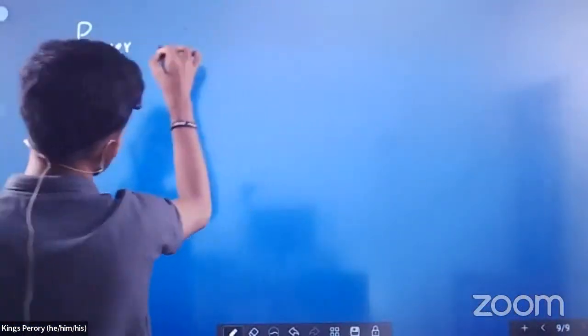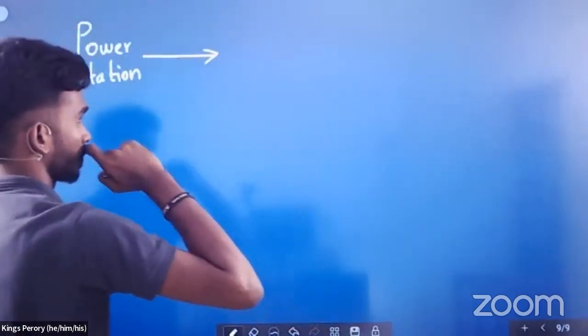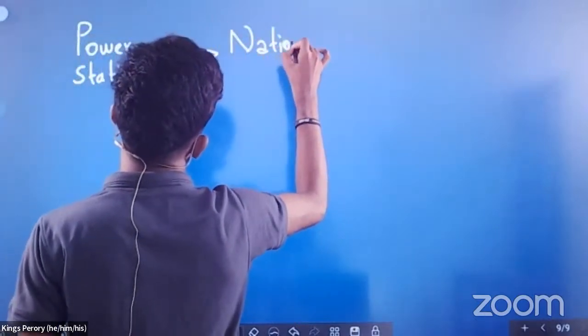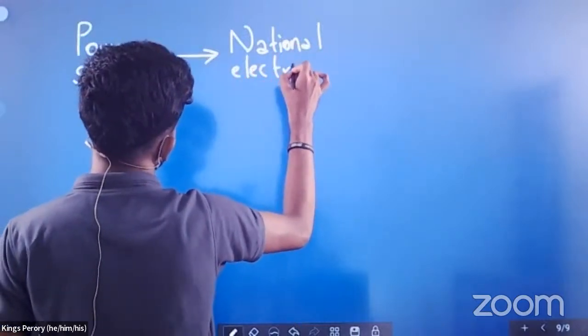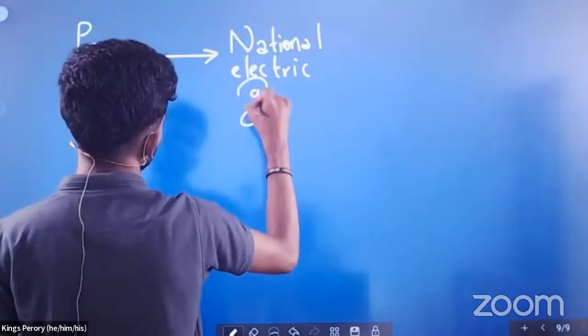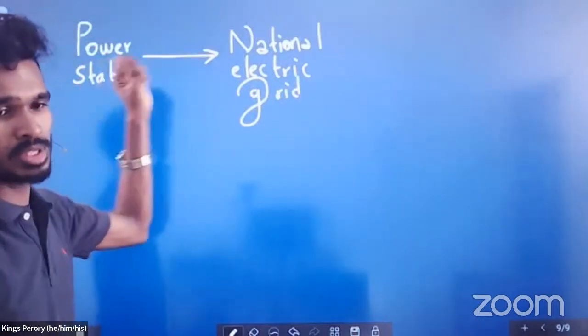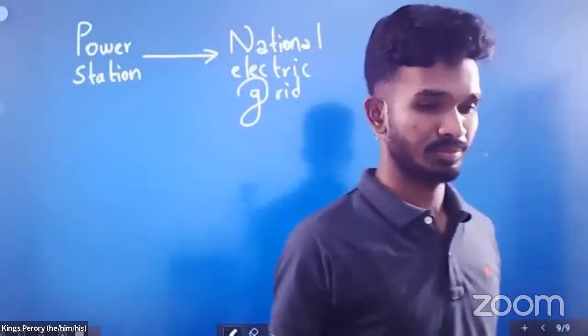All this produced electricity comes into one place. You call it the National Electric Grid. All the power that is produced comes into the National Electric Grid. It is like the controlling body.